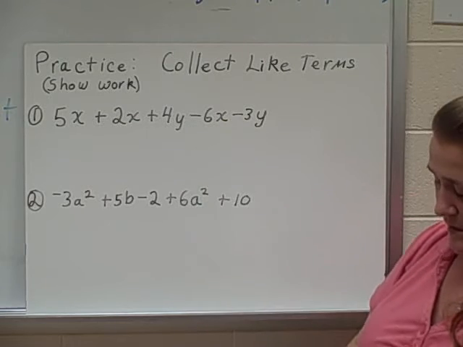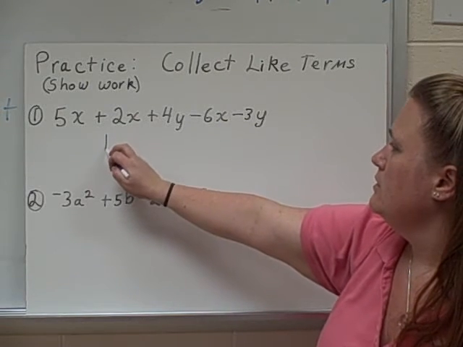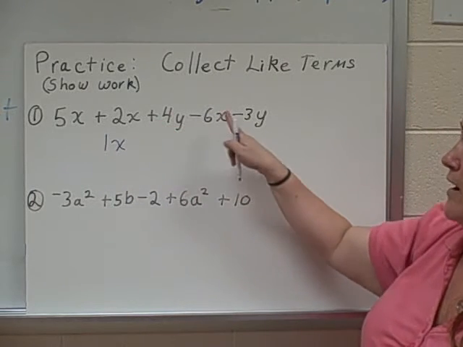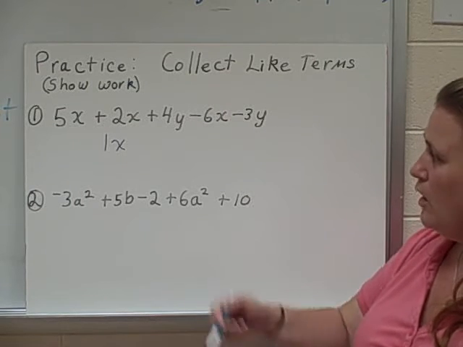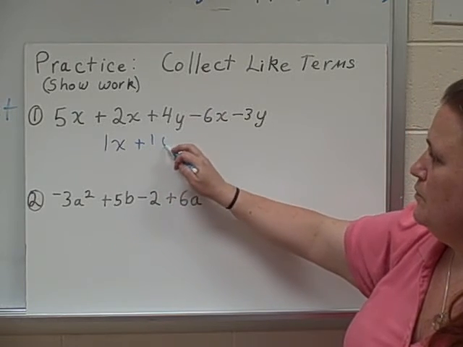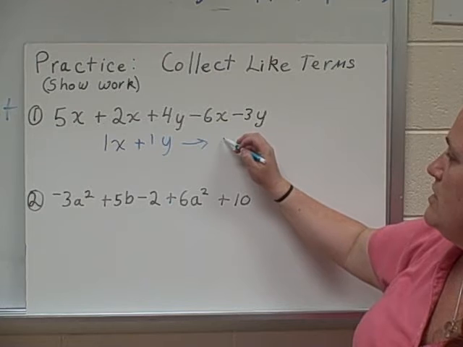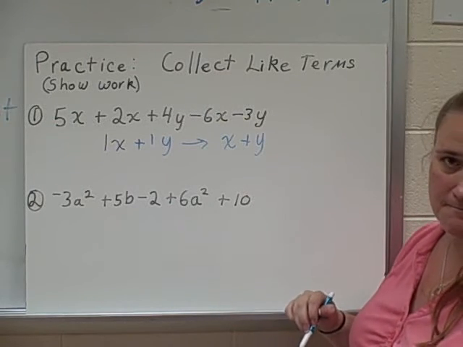Minus 6 gives me 1x. 4y's minus 3y's gives me 1y. And remember, we don't need those ones, so you would typically just see it like that.